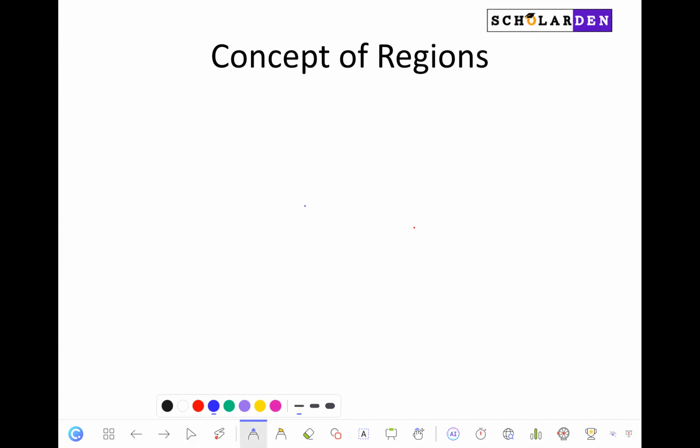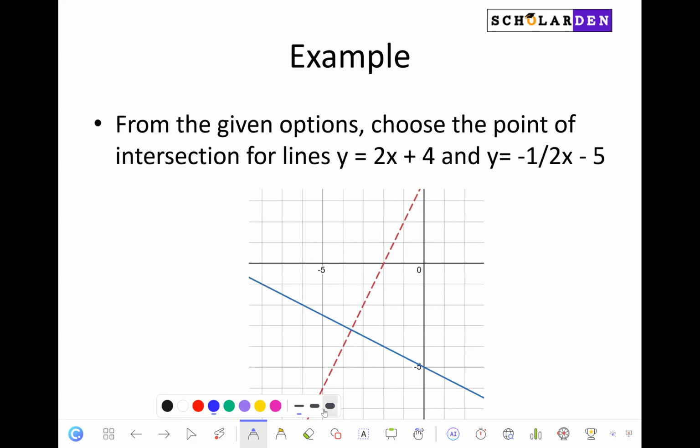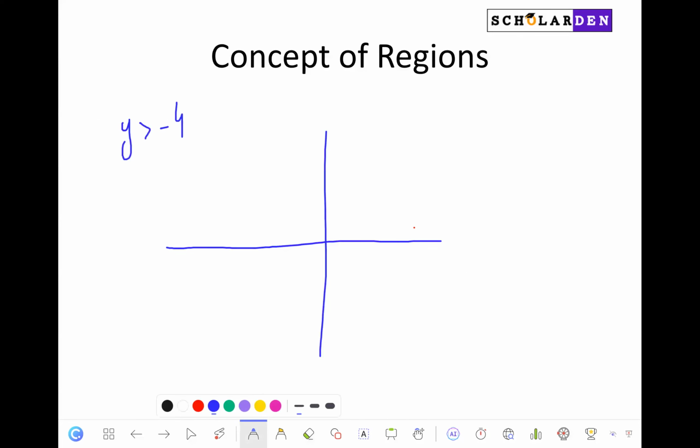Okay, so going to another example. We have your xy plane, and let's say we've got y is greater than -4. First of all, what we need to do is identify the boundary of the region. And how do we find out the boundary of the region?